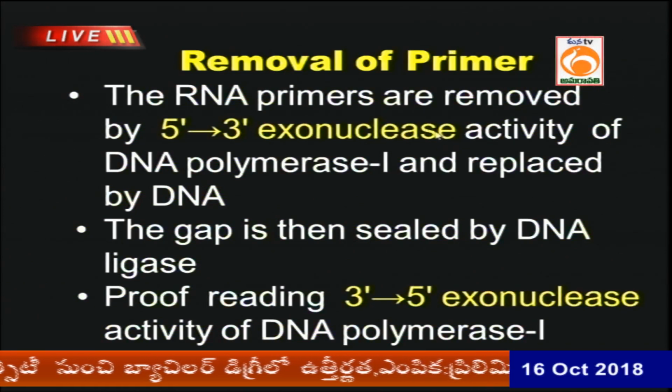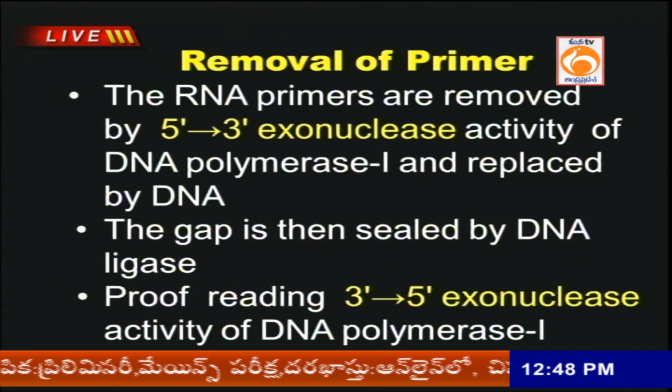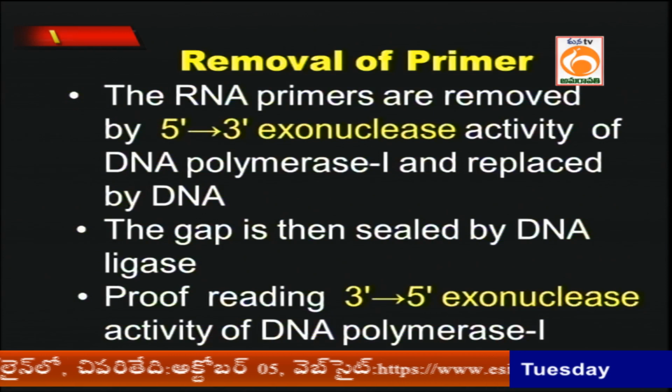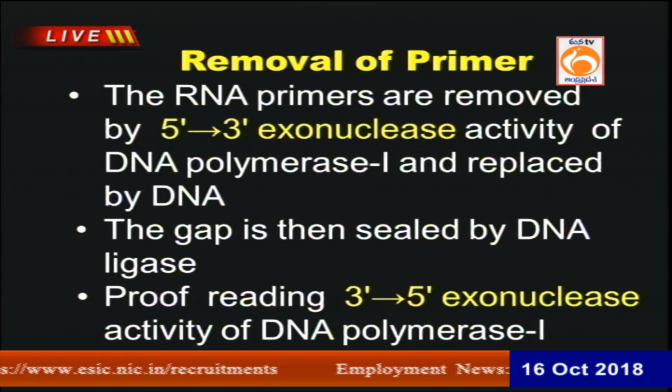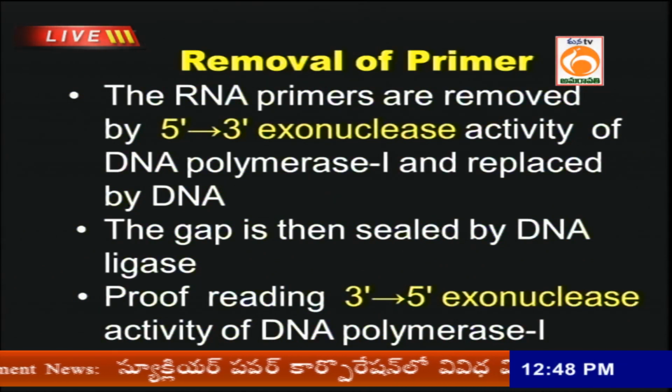Here we get a question: why is primer required for DNA synthesis and later removed? Because primer provides a free 3' hydroxyl group, without which DNA polymerase enzyme cannot initiate new DNA synthesis. But being an RNA strand, it should not be there in the DNA molecule.